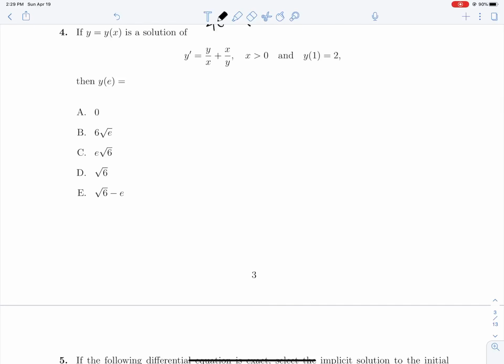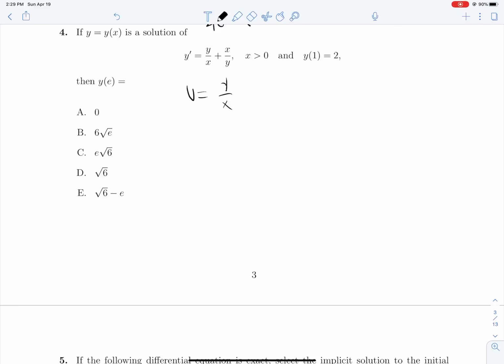4. If y of x is the solution to this differential equation here for x greater than 0 and y at 1 is equal to 2, then what is y at e? So for this, we're going to be performing the substitution v equals y over x, and you can rearrange this and then differentiate.